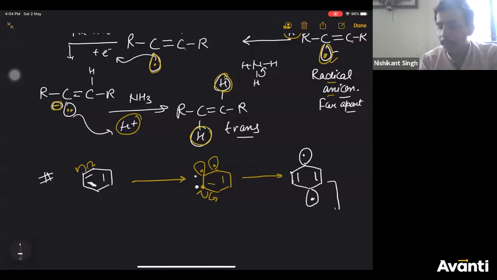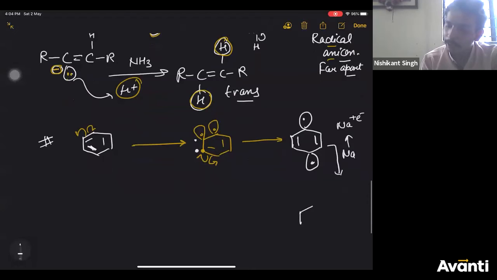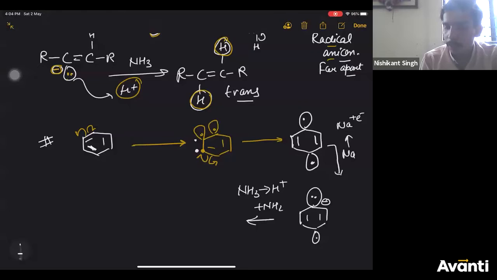Now they will accept an electron from sodium, so you'll get a radical anion, with a negative charge and a free radical. It will accept H plus from ammonia. Ammonia will give H plus, leaving NH2 minus.